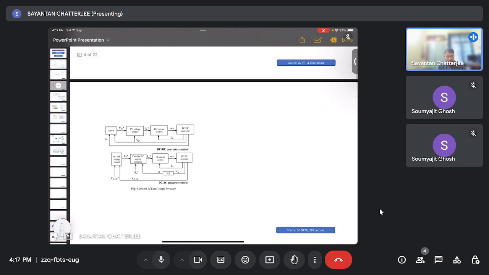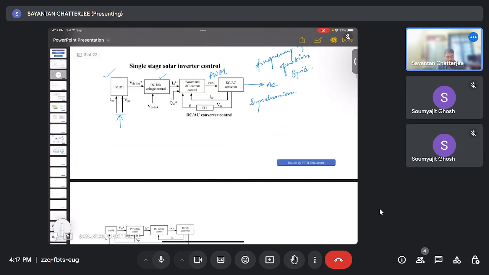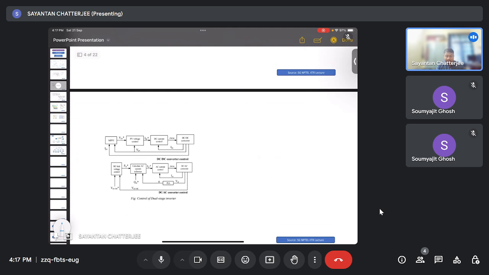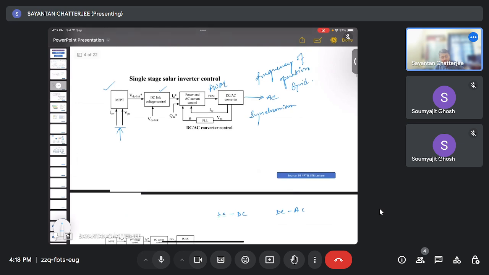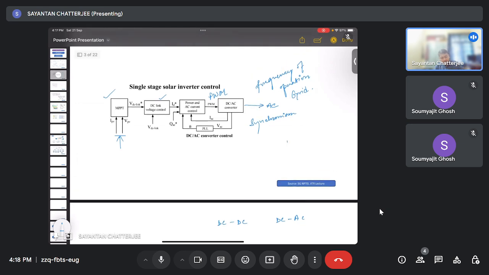Also we have another, the dual stage inverter mode. Here in the first stage it has one DC stage and another DC stage, whereas in the previous case it is only a DC-AC stage directly.